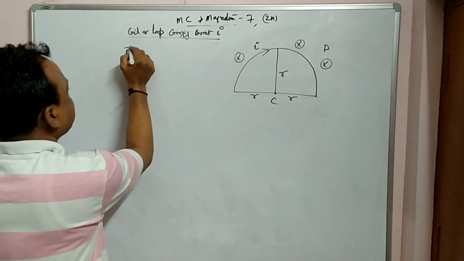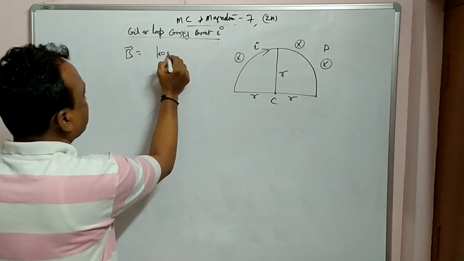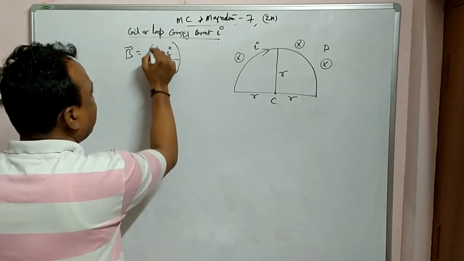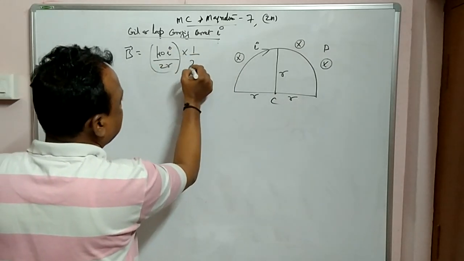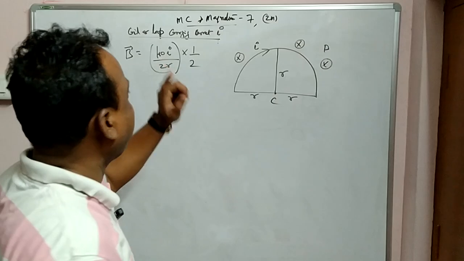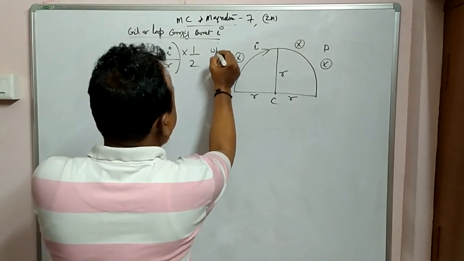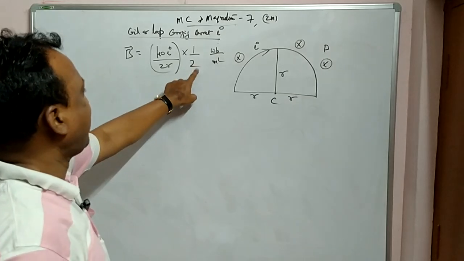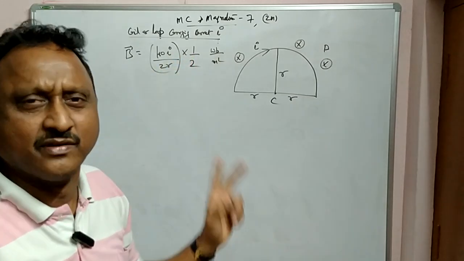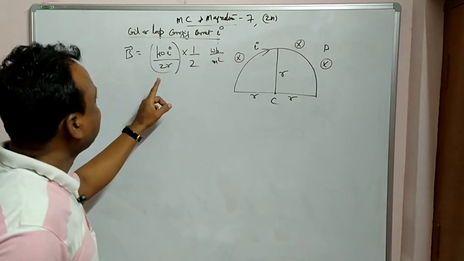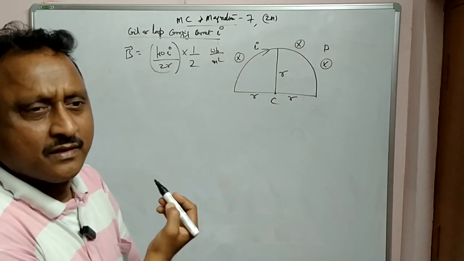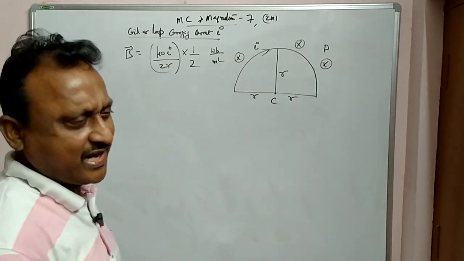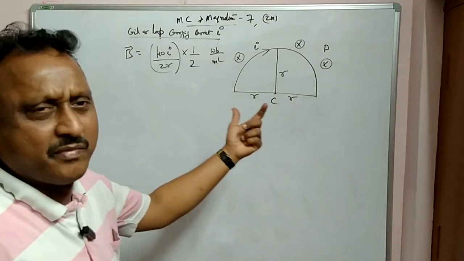For the circle, how much did we get? Mu naught I by 2R for one turn. This one divided by half, that's all. The value is mu naught I by 4R, in Weber per meter square, or Newton per ampere meter, or Tesla. Don't multiply this any further, keep it like that only. This is for the semicircle. Clear? So you can take it this way. There is no problem.